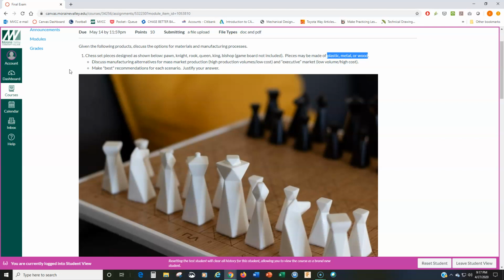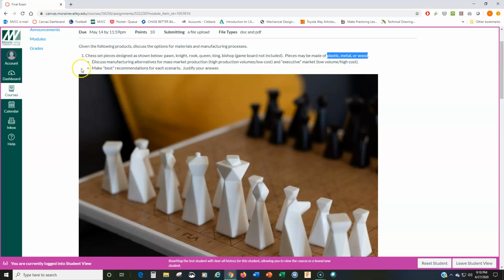So you can imagine that you're going to be making a presentation to your team when you're done with your analysis, and you're basically going to say, okay, guys, if we are going to go with the high production volume, low cost alternative, I recommend we go with this production process or this production process using this type of material. Or if we choose to go with the executive market, I recommend that we use these production processes or this production process and this material.